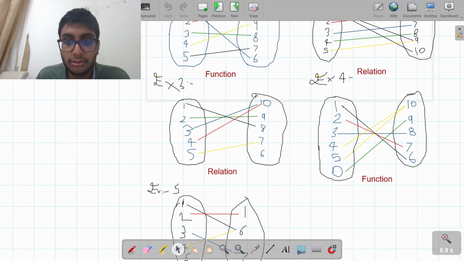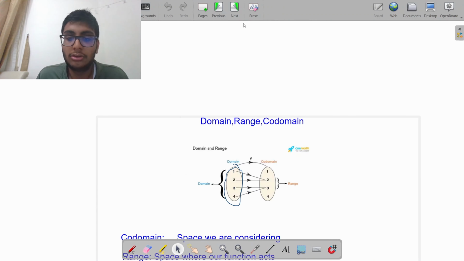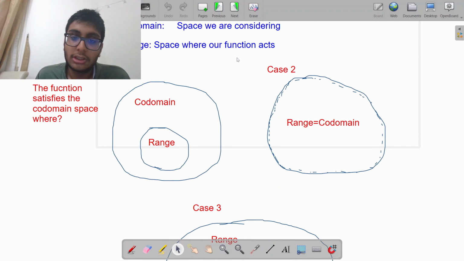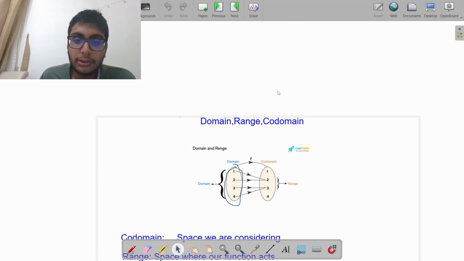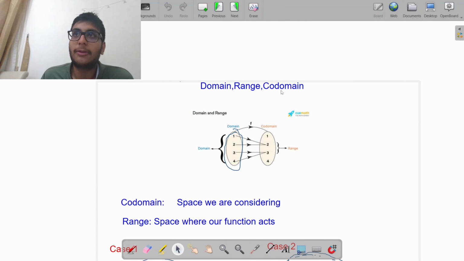But hey, listen, what is a codomain? The codomain is the space we're actually considering. So, when we talk about spaces, we look at the observer perspective and a function perspective. Think of it as looking at a bigger world, and then the function only acts in a smaller part of that world.